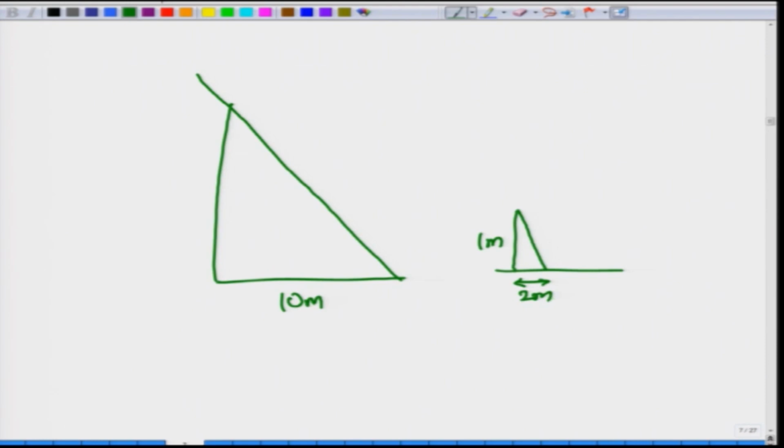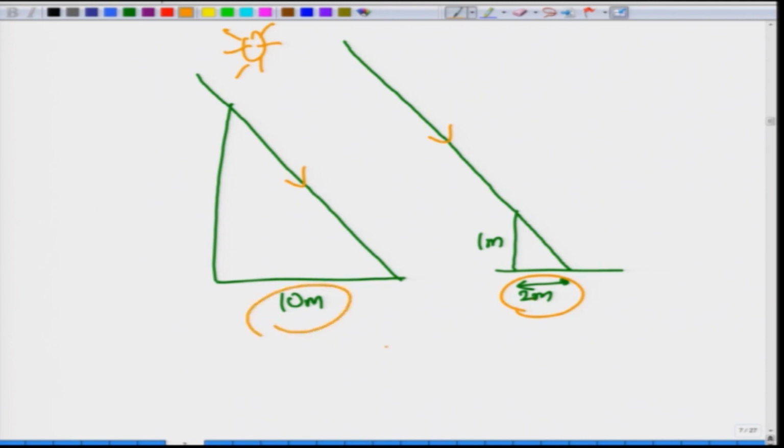Now what we are seeing here is that both of these objects, the wall and the stick, are subtending an angle and making a shadow based on the sunlight. Both of these rays are parallel because the sun is at a very great distance, and so we will make use of proportional measurements.